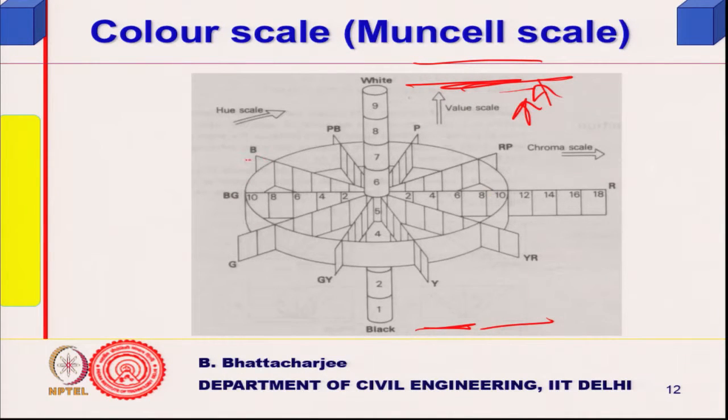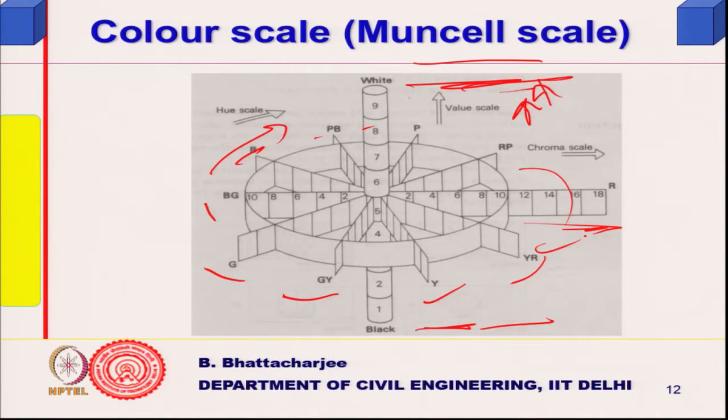Then there is the hue scale, along this direction. So, for example, you have red, yellow, green, blue, etc. Hue is associated with the wavelength.